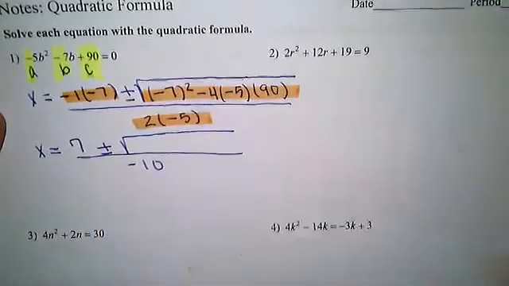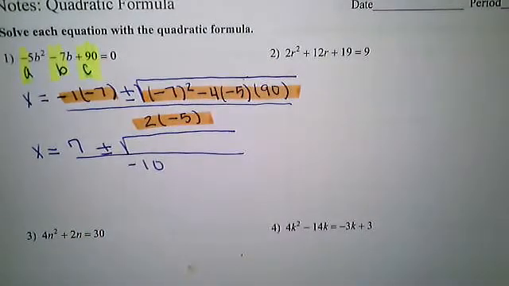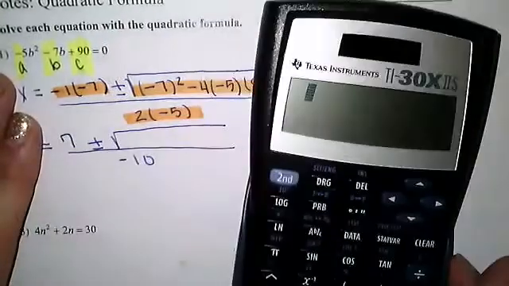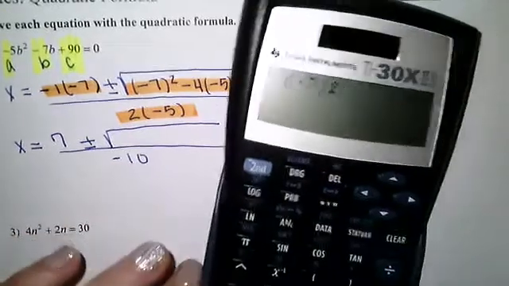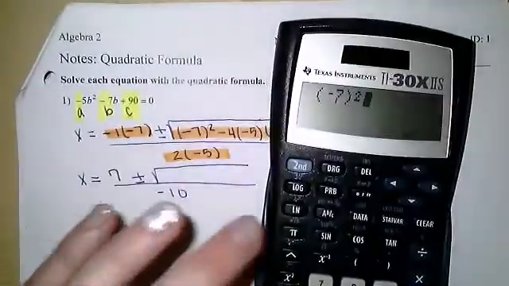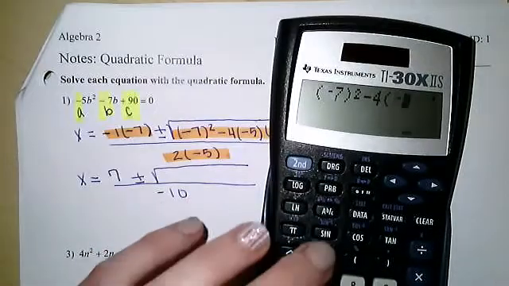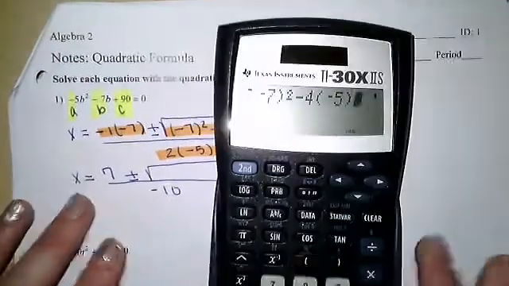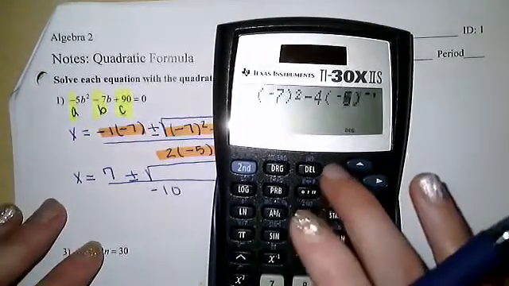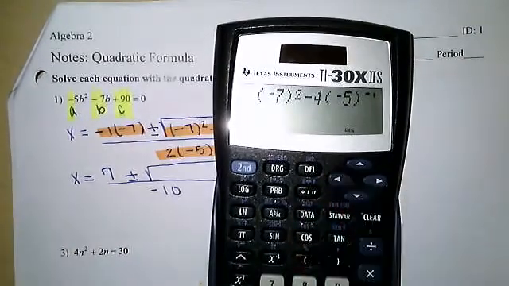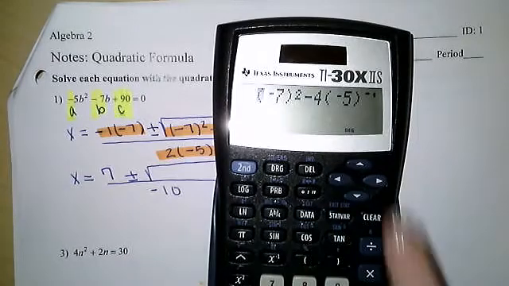And then this part we'll do in our calculator. So the way you can do this in your calculator is you do parentheses -7 squared. Minus 4 times -5. Parentheses 90. We're not including that square root sign. We're just putting in what's underneath the square root.